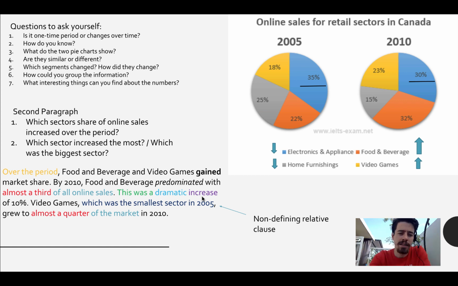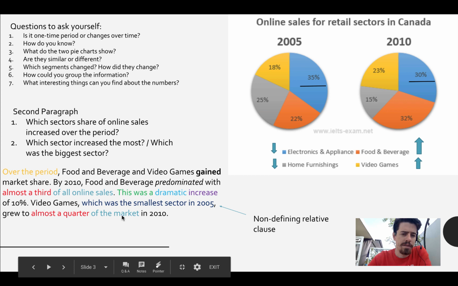There are other adjectives we could use for a big change. Can you think of any? So for example, significant, we could have. Yeah, okay, so we got the noun way. And do we have the verb way? Yes, we got the verb way as well here. So video games grew to almost a quarter of the market.